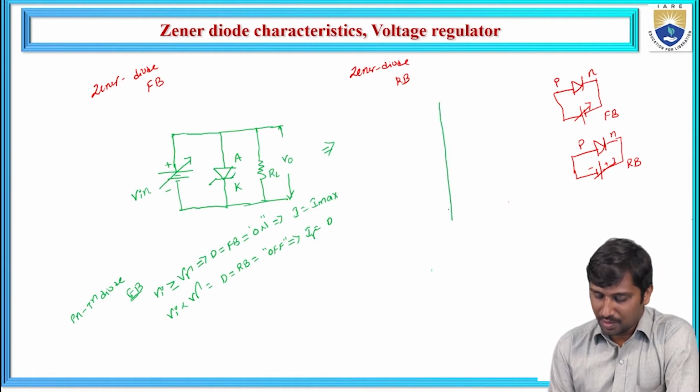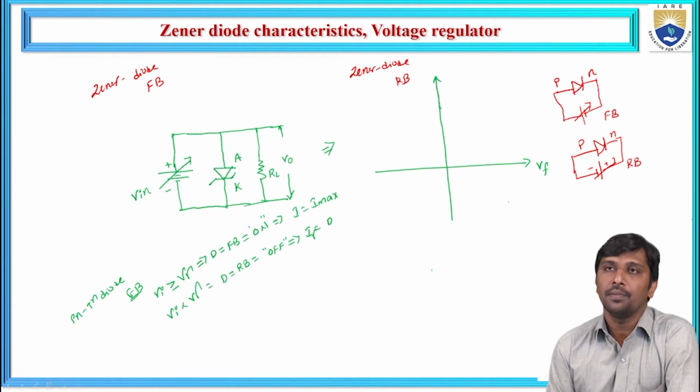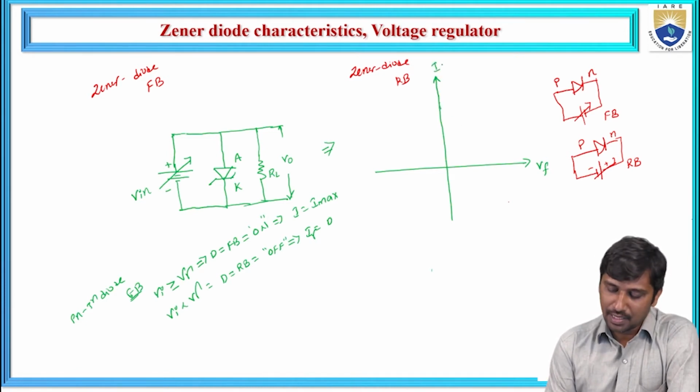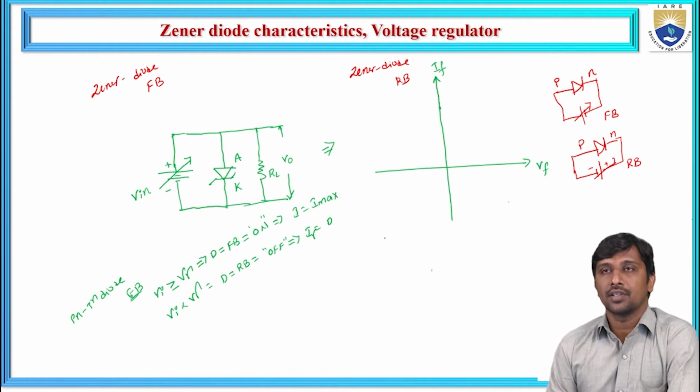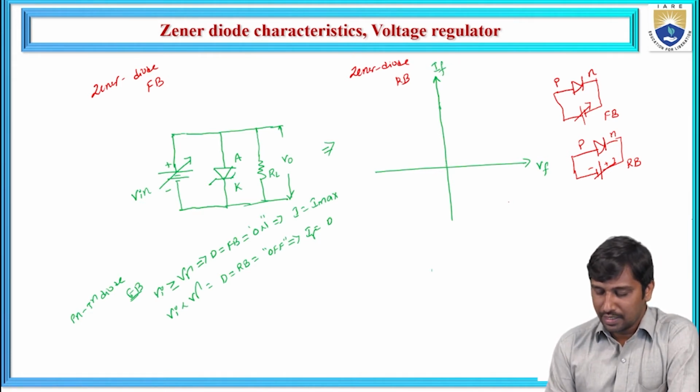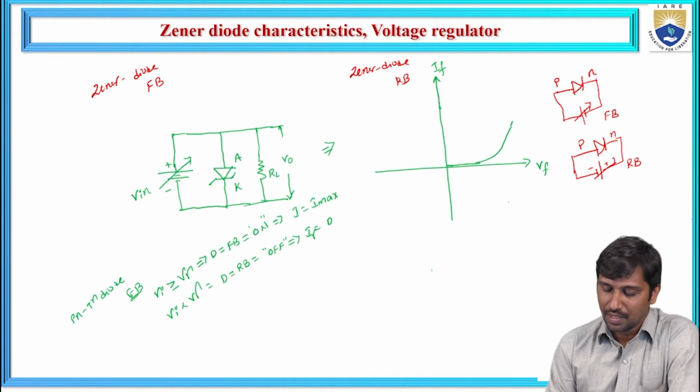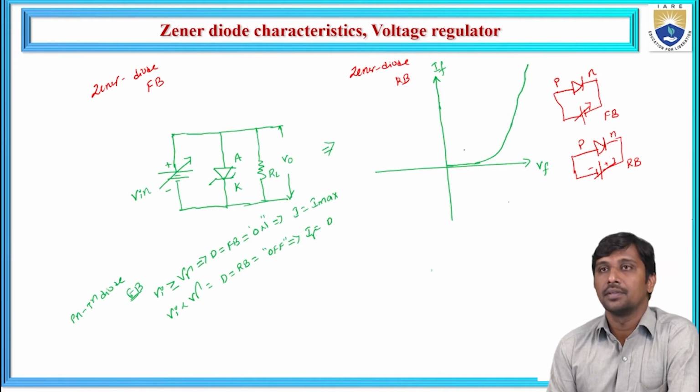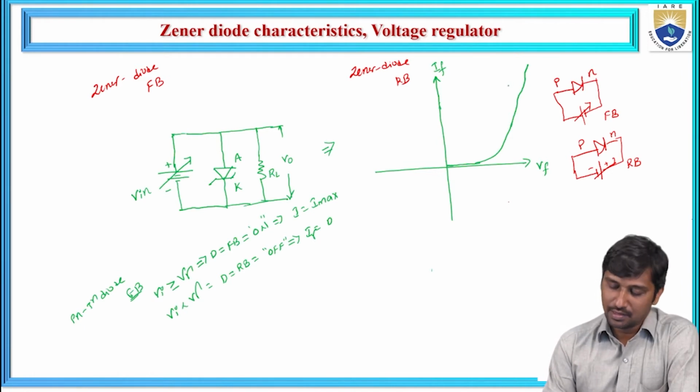I'm going to consider the x-axis as VF, the forward voltage across the Zener diode, and the y-axis as the forward current across the Zener diode. Hence, the Zener diode forward bias characteristics look like your normal PN junction diode. After the cut-in voltage, the conduction rate increases exponentially. Hence, this is represented as forward current.